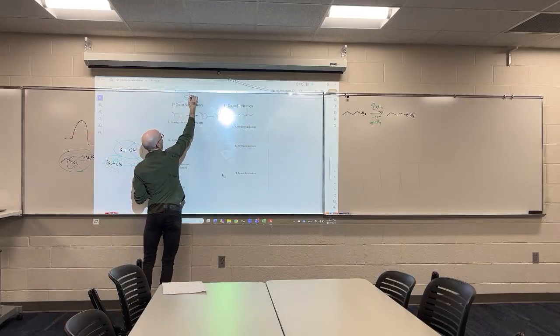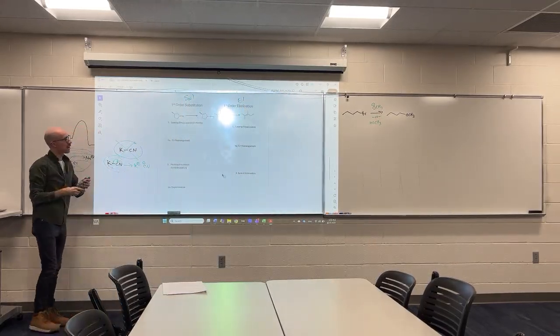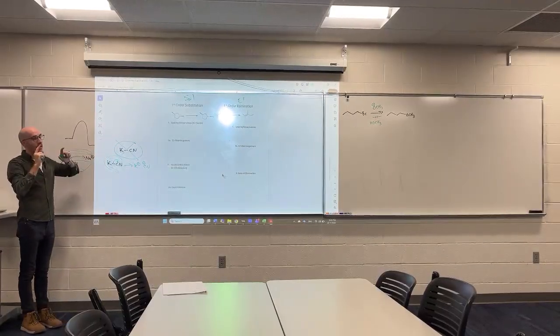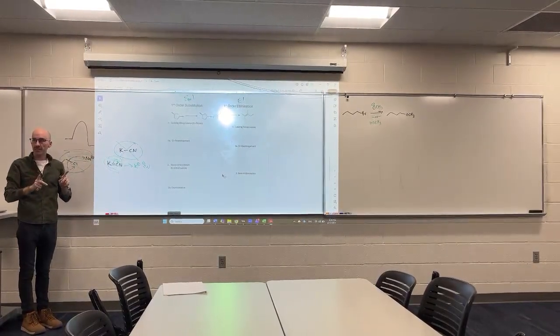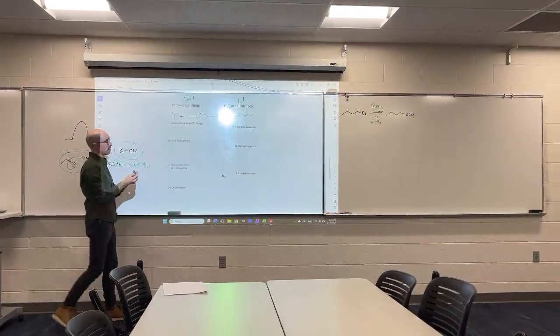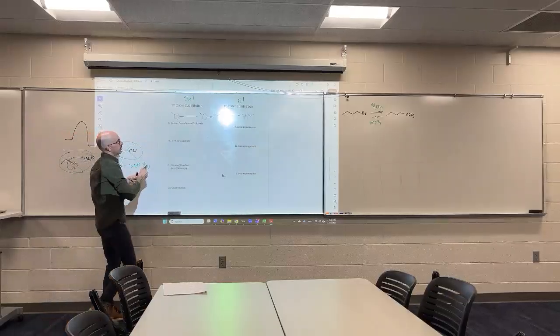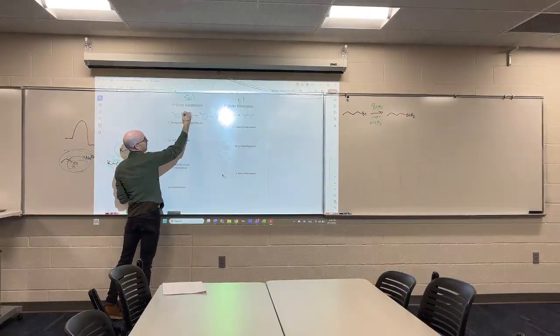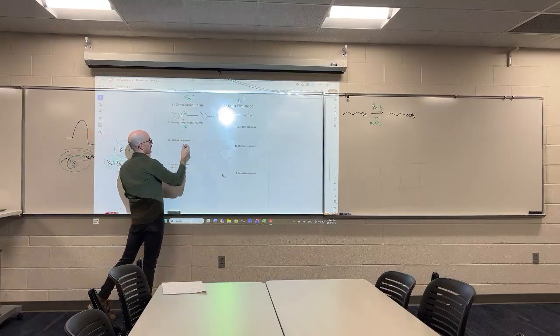Here's SN1, here's E1. You'll notice that they both start with the same step. The leaving group leaves. To be honest, you don't even need to redraw that structure. You could show that as leaving group leaves, and then we show our next structure.